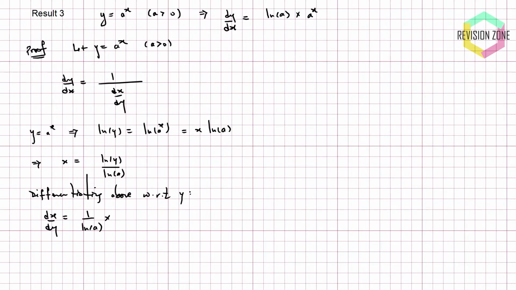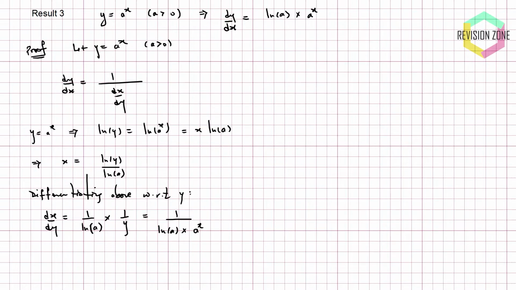And then the log function, well, we saw how to differentiate that in the previous result, right? So I know it's just going to be 1 over y in this case, which I can simplify to say it's going to be 1 over log a times y, but I know what y is. y is a to the x, so it's going to be log a times a to the x. I'm deliberately writing it in this form because I want my final answer written in that form.